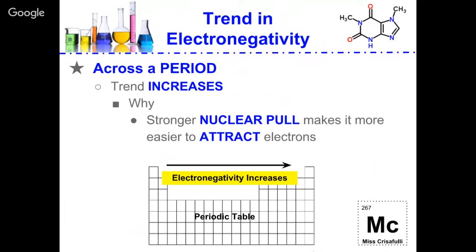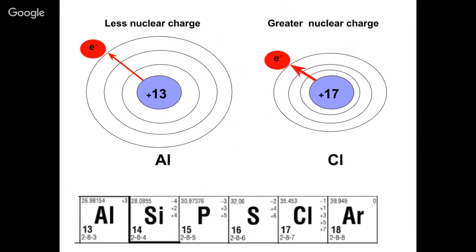So across the period, the trend is going to increase. Why? Because you have a stronger pull on the electrons, and so you're going to be able to attract the electrons easily. So your electronegativity is going to increase. Again, these reasons we talked about at the beginning of the video, they should all be repetitious.